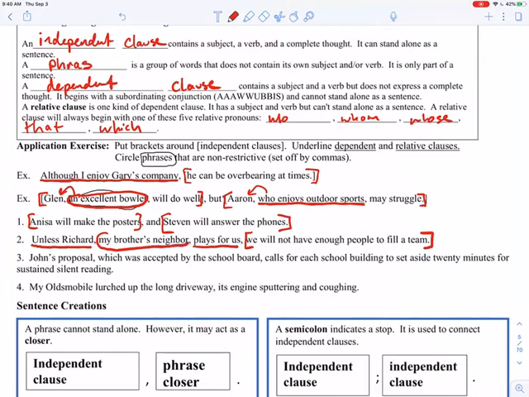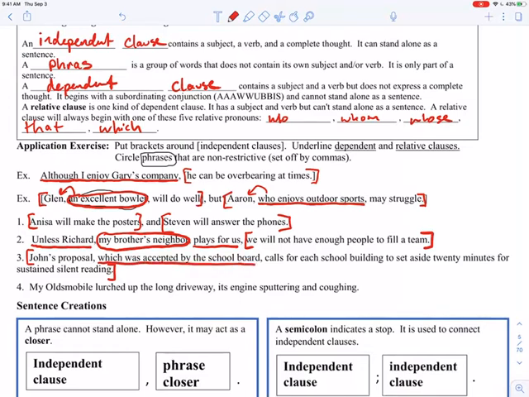Number 3, John's proposal, which was accepted by the school board, calls for each school building to set aside 20 minutes for sustained silent reading. What a good idea. So the whole thing is an independent clause, and I see the word which, which would indicate we have a relative clause here.